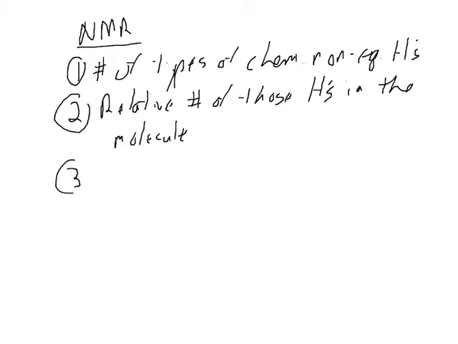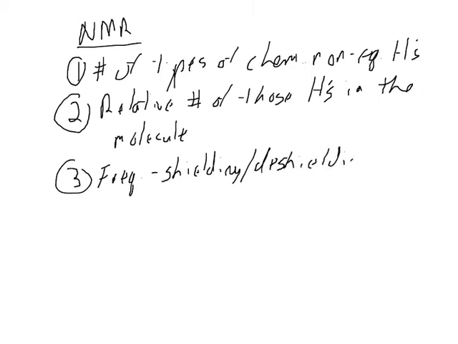The third thing it tells us is something about where the frequency that the peak is at, which has to do with shielding or deshielding. If you're shielded by electron density, you're farther upfield. If you're deshielded, you're downfield.